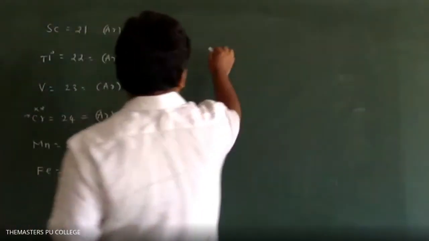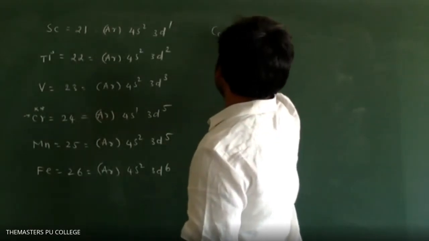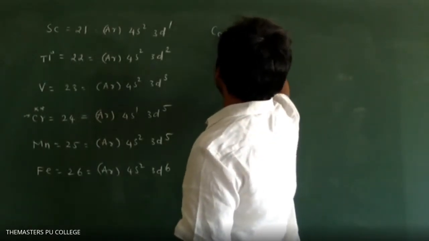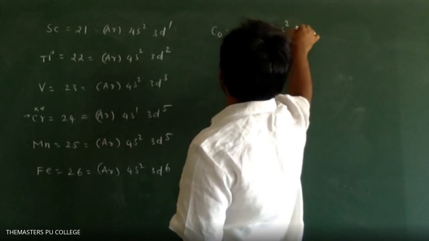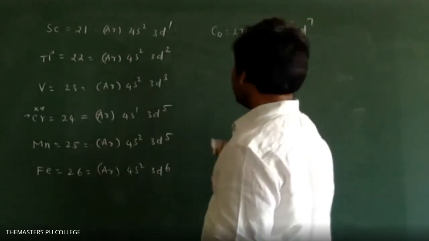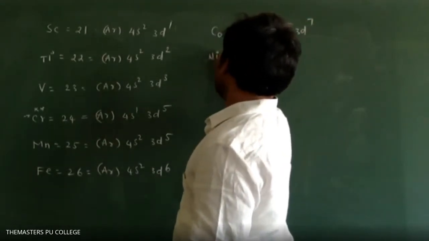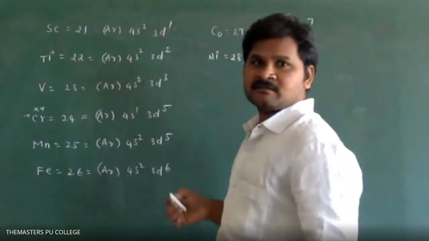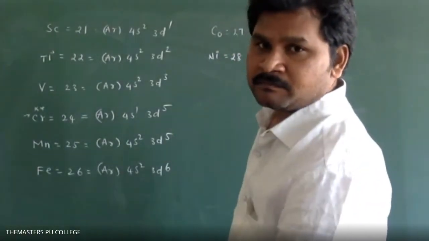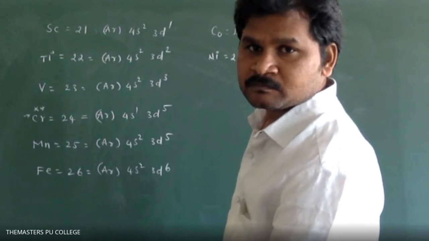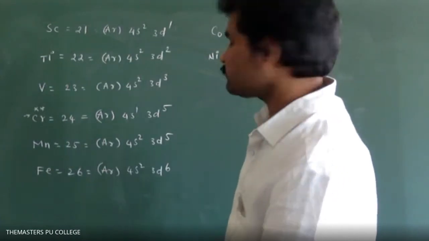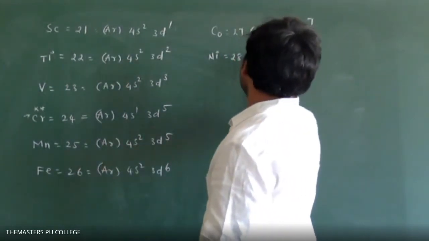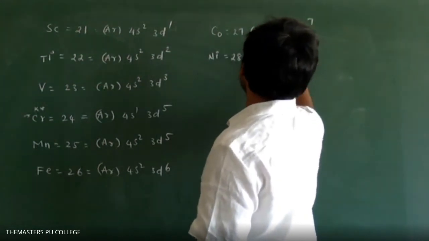Next, cobalt, 27: argon 4s2 3d7. Nickel, 28: argon 4s2 3d8.